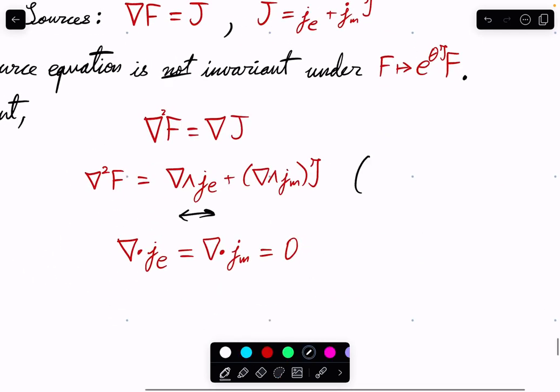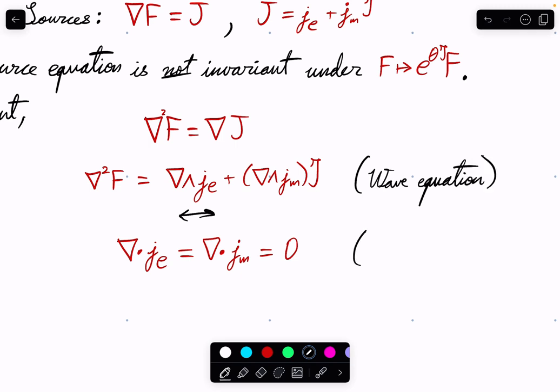This is a wave equation. And this below thing is called a continuity equation. So a continuity equation in physics, like this, basically states that you're not going to suddenly create charges or destroy charges.